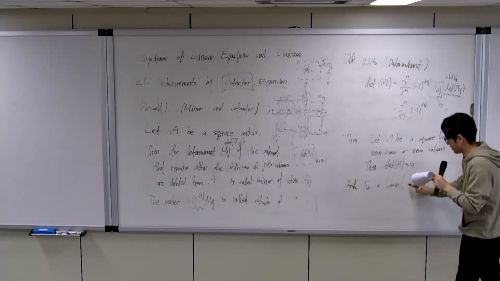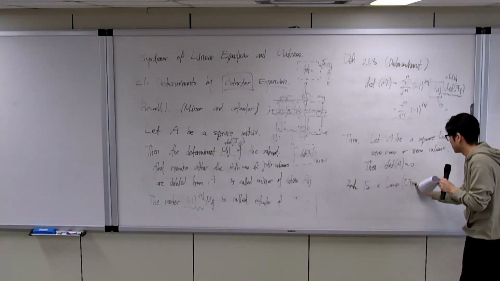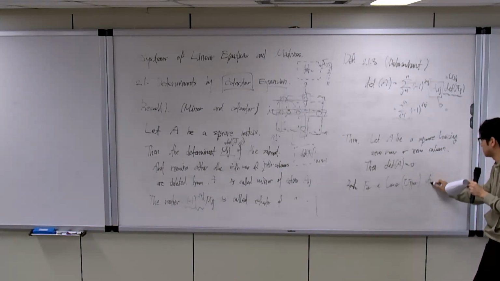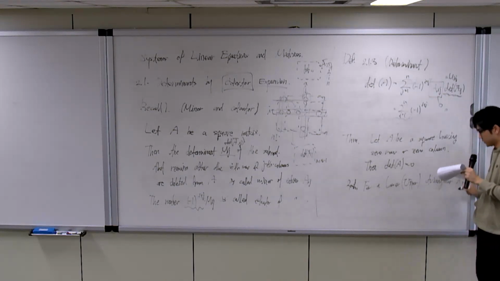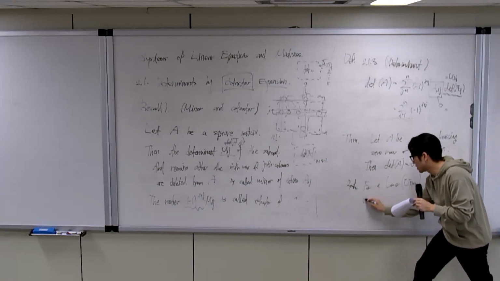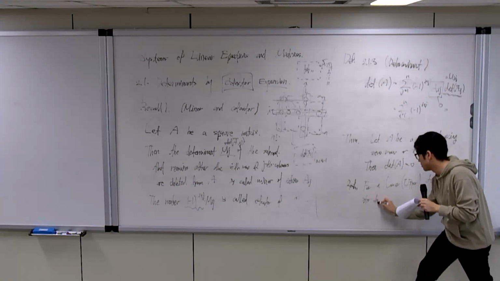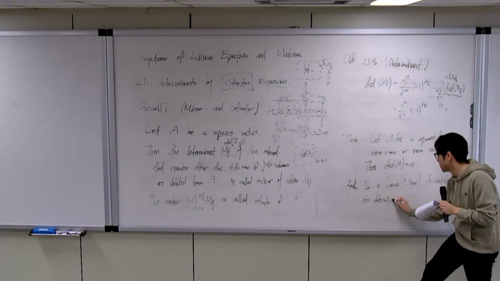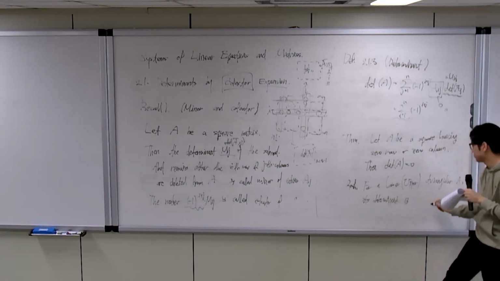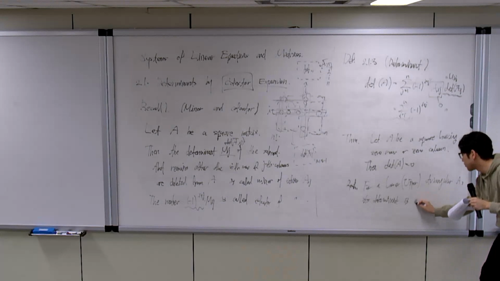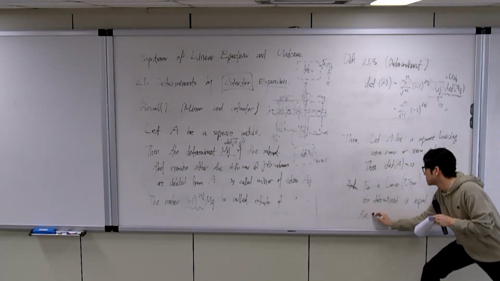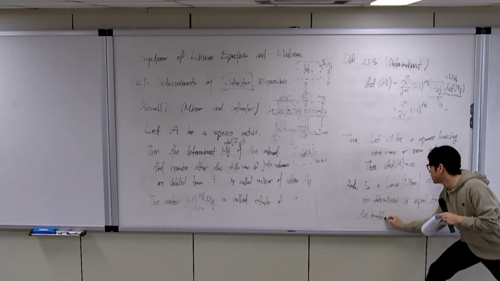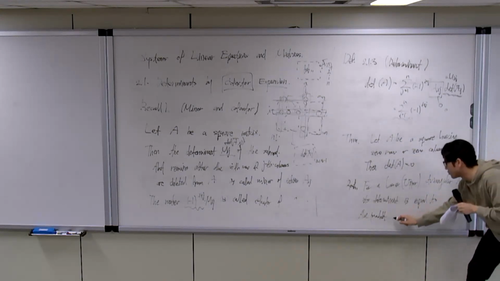Of course, it can be upper triangular. For a triangular matrix A, its determinant is equal to the product of the main diagonal entries.